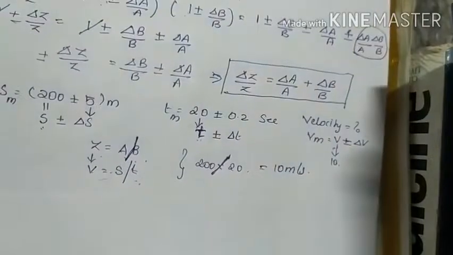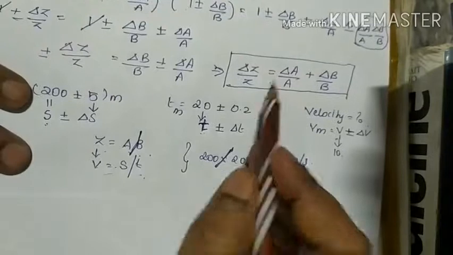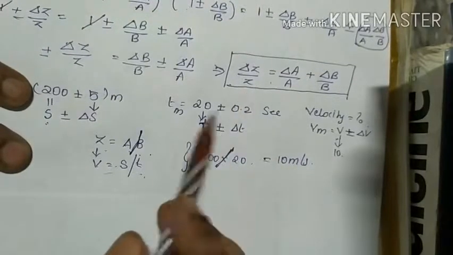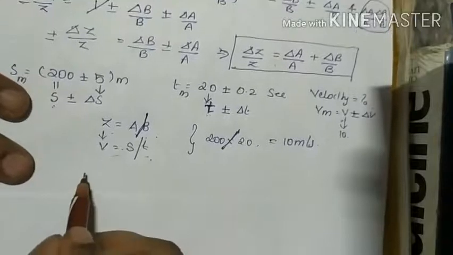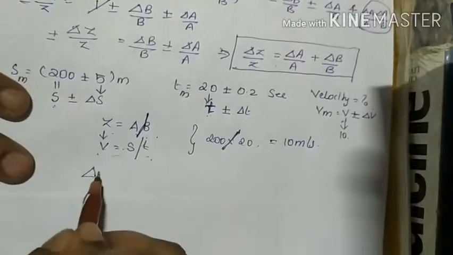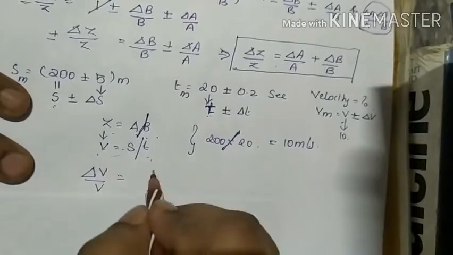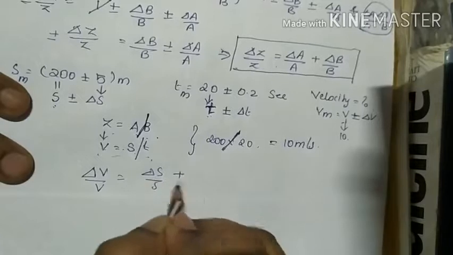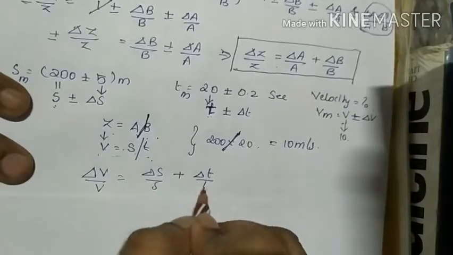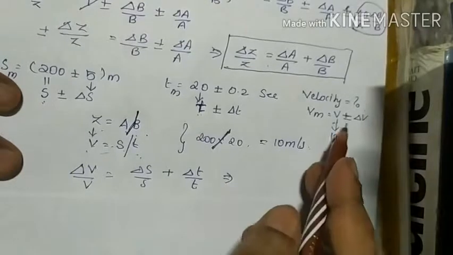That means you have to find the absolute error of it. So during division, what was the rule here? Delta Z by Z is the relative error of the quotient. This is the quotient, so delta V by V is equal to the sum of the relative errors of its factors. So this is S, so delta S by S plus delta T by T. This is as per the rule which we derived now. So what is delta V by V?